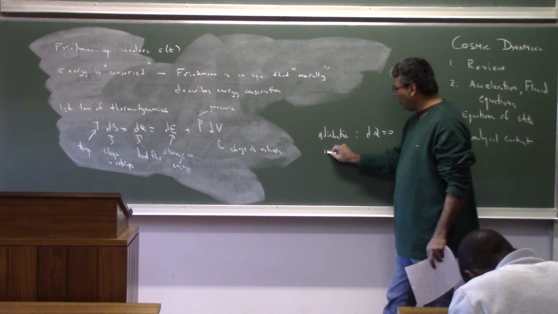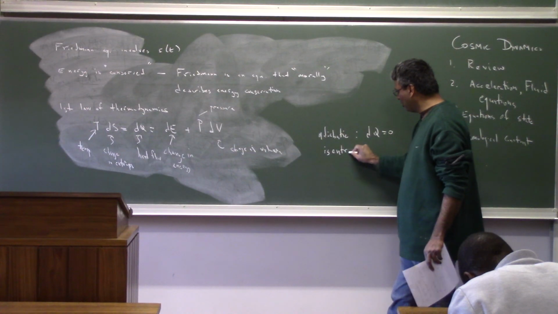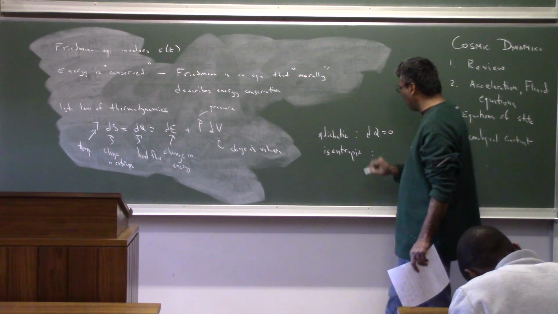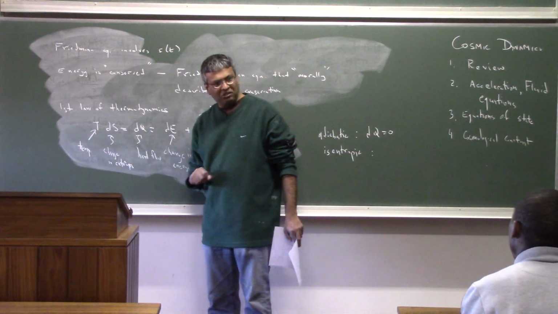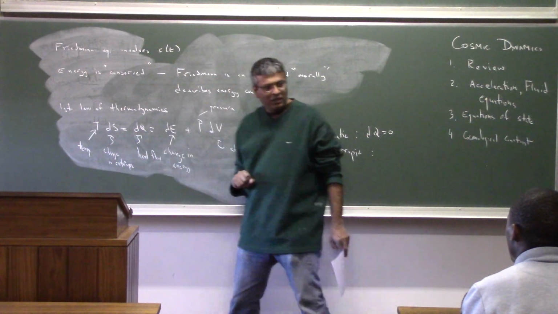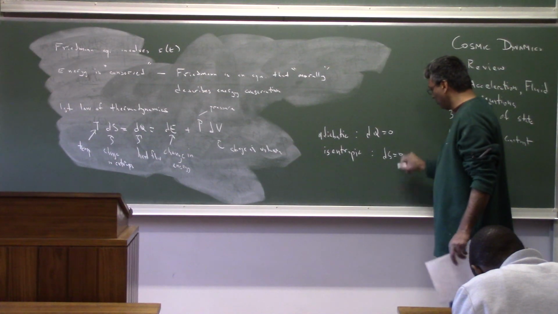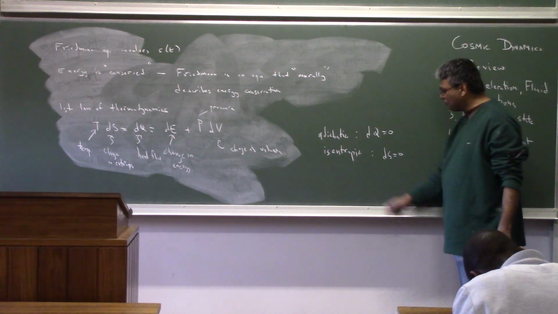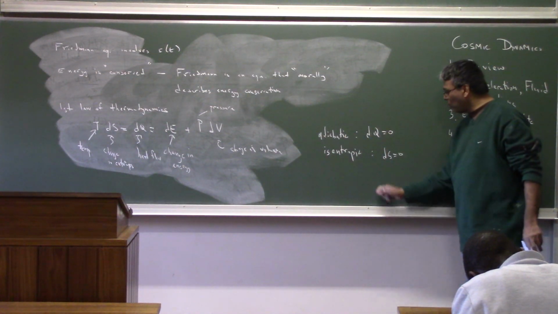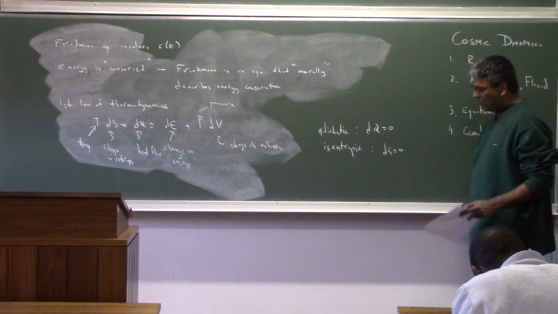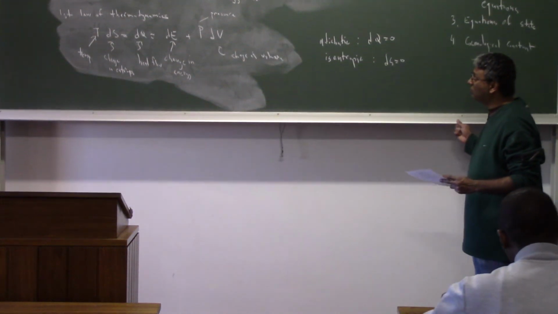It's also called an isentropic process because dQ is T dS. If dQ equals 0, then dS equals 0. There's no change in the entropy, and equivalently, there's no heat flow in a process like this.